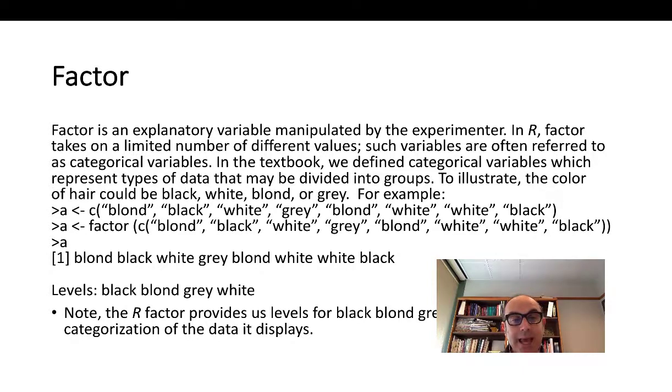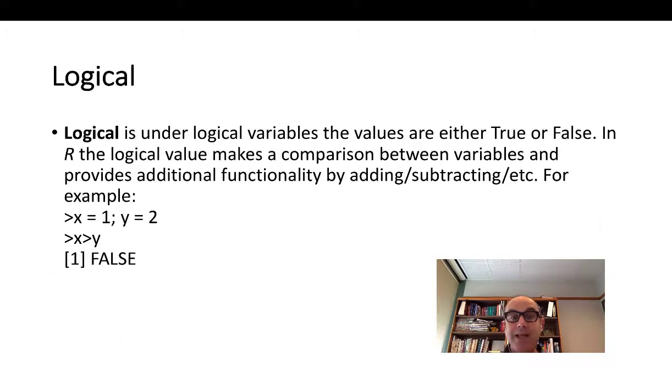And so in this case, this is how we do that. So the levels are black, blonde, gray, and white. And so the R factors provide us levels of black, blonde, gray, and white, and a level that categorizes the base it displayed.